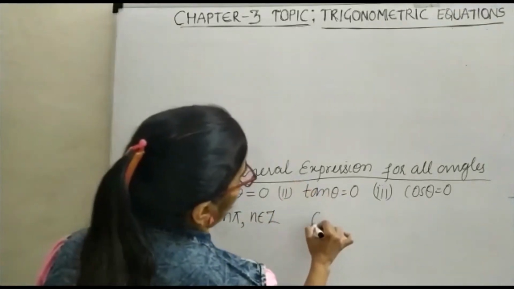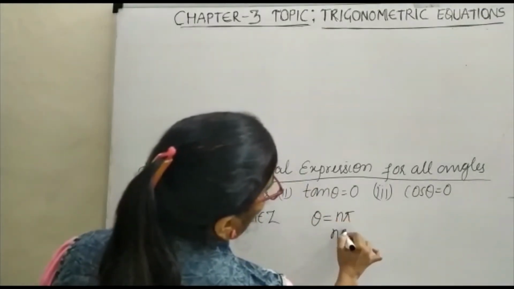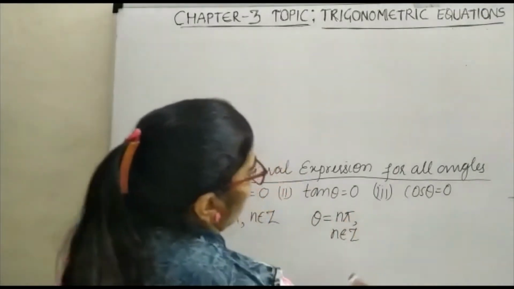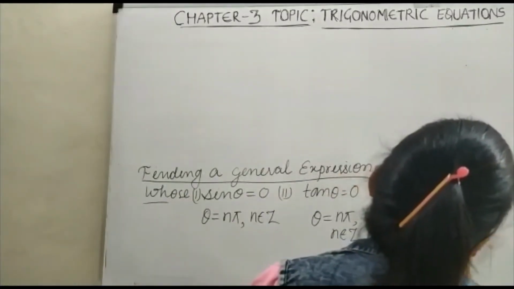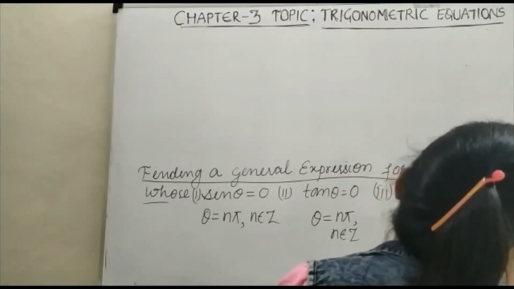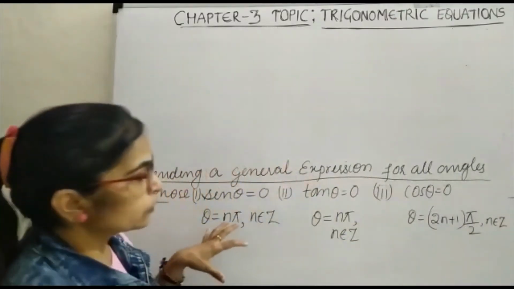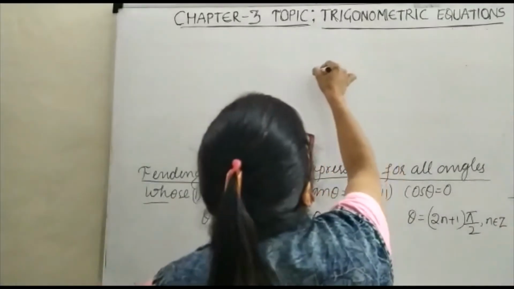Here also, tan theta is equal to 0 gives theta is equal to n pi, n belongs to Z. And here, for cos theta equal to 0, theta is equal to (2n plus 1) pi upon 2, and again n belongs to Z. We are going to see the proof of these formulas. Now first thing, let us see here.